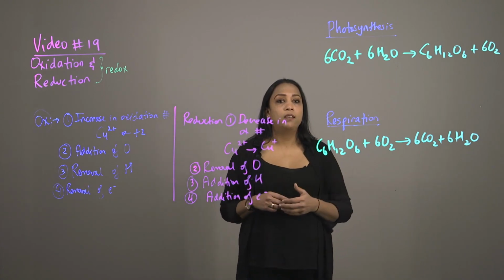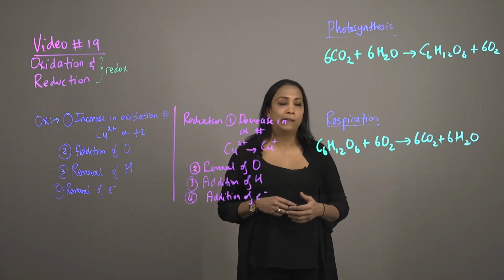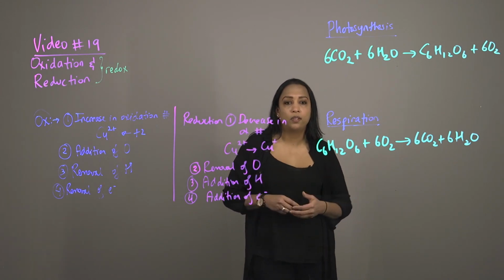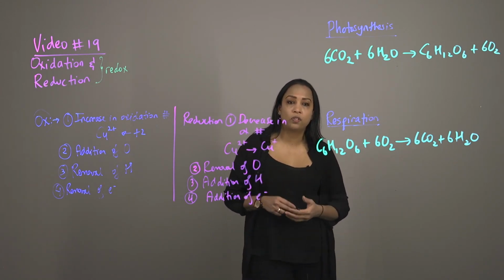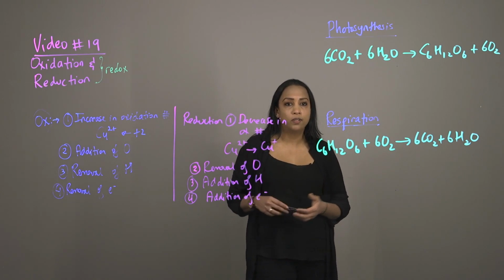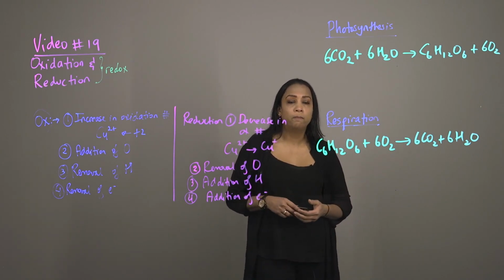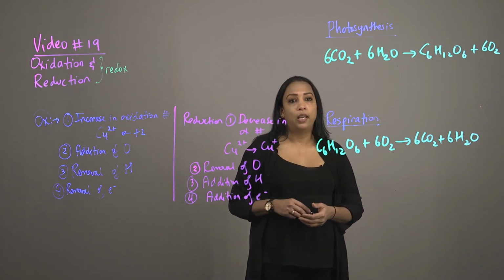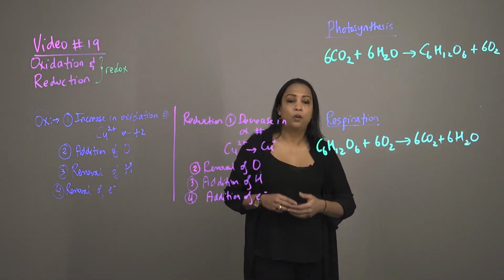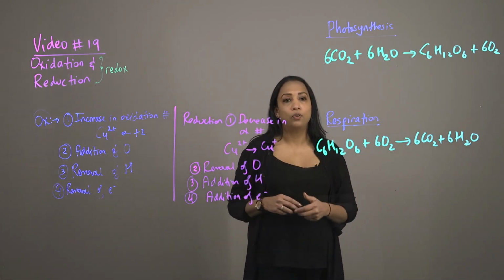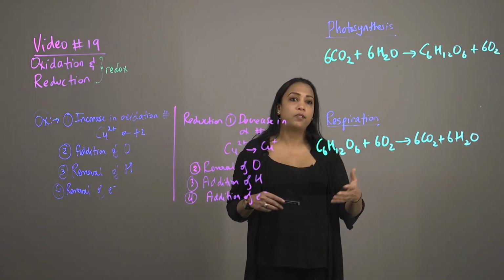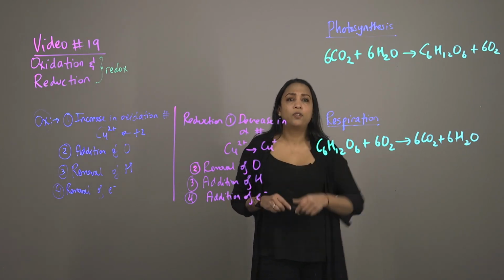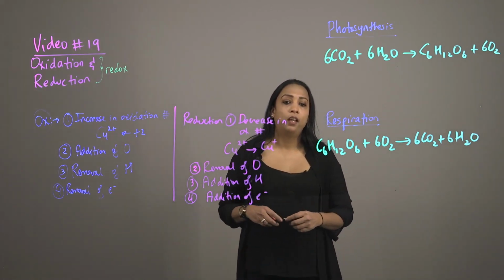So both of these are very important reactions that occur in living systems. We know that photosynthesis occurs in autotrophs, or otherwise known as organisms which produce their own food, like green plants, for example. And respiration occurs in many organisms whereby we take glucose or sugars and we oxidize it to make energy.